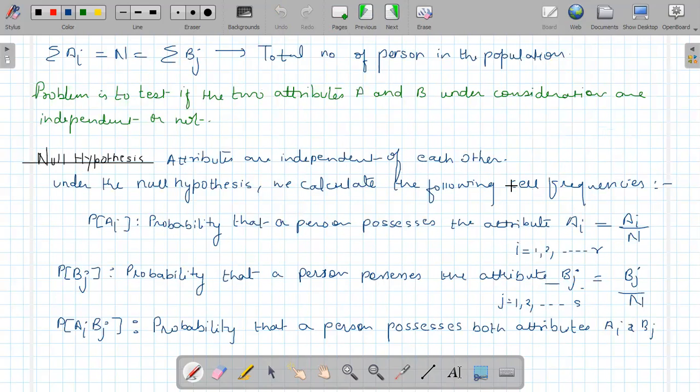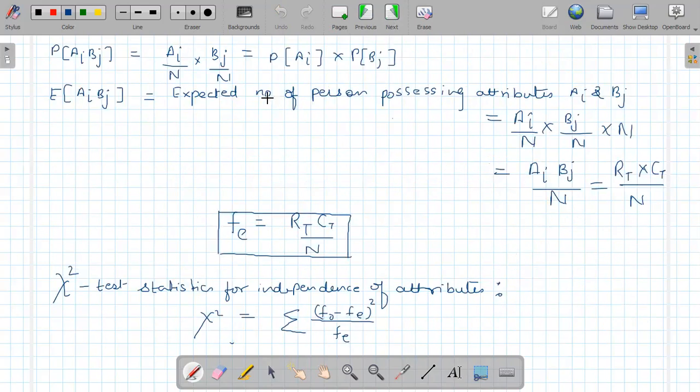So we are doing this calculation under the null hypothesis. Expected number of persons possessing the attributes AI and Bj is probability multiplied by total number of people.